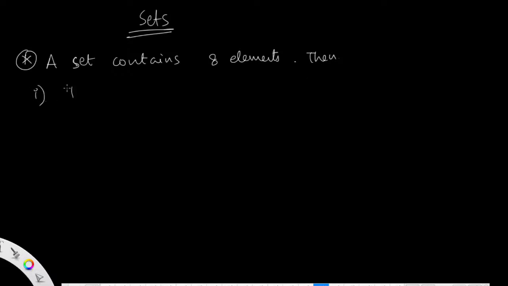Then, first question, the number of ways of forming a subset.